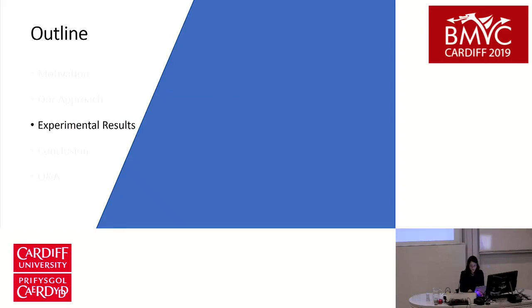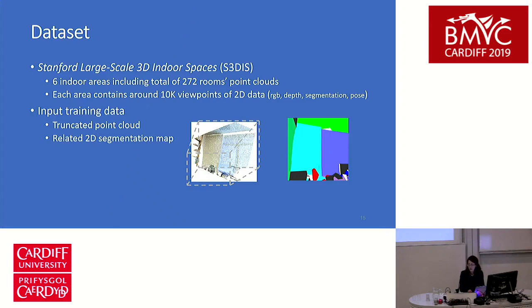Okay, so then I'm going to show some experiment results. The dataset we used is a public dataset called S3DIS. It has 6 indoor areas with 272 rooms of point clouds, and each area contains about 10,000 viewpoints of 2D data.